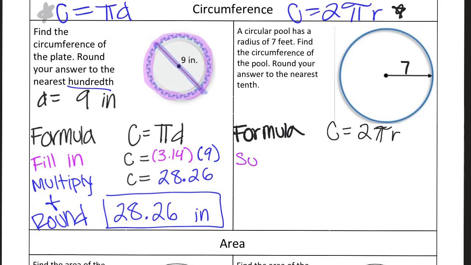Then you substitute in what you know. Okay, I'm looking for the circumference. It is 2 times pi, which is 3.14. My radius is 7. So then on my calculator, I type 2 times 3.14 times 7.